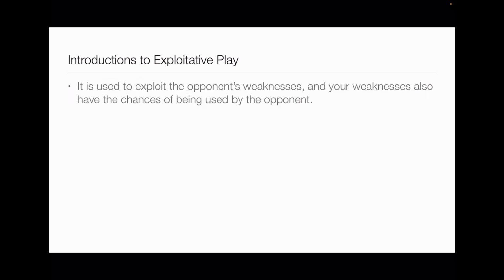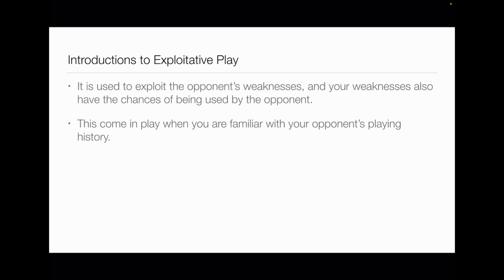Speaking of exploitative play, it is rather an unbalanced method. It is used to exploit the opponent's weaknesses, and your weaknesses also have the chance of being used by the opponent. This comes into play when you are familiar with your opponent's playing history.